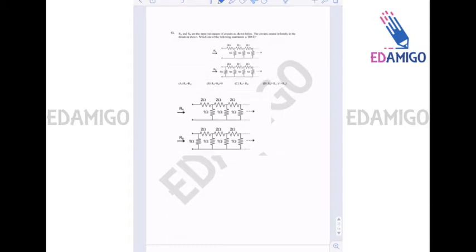We have already done these kinds of questions in class 12th itself, right? So we have to find RA. Now we can see that since RA is an infinite series, if I break the series from here, then also the resultant will be RA itself.